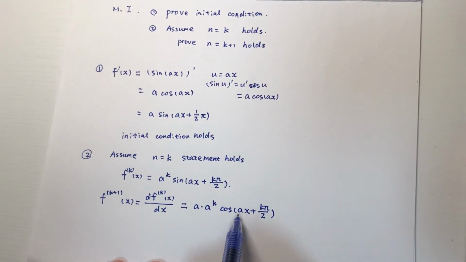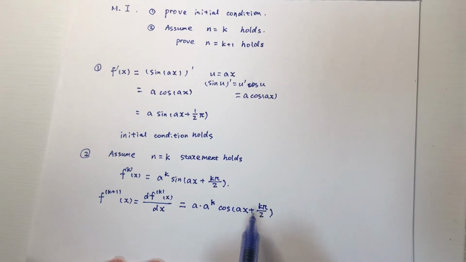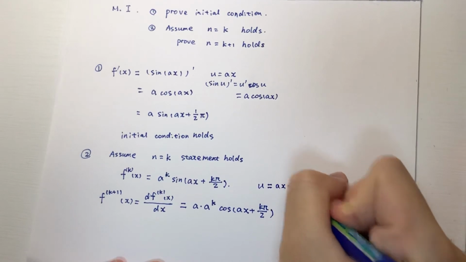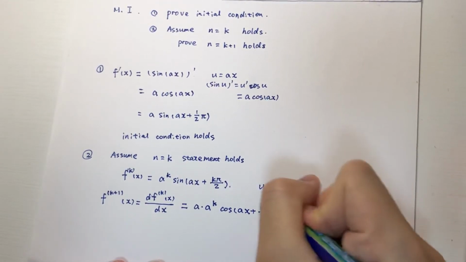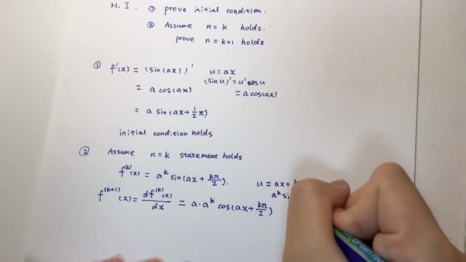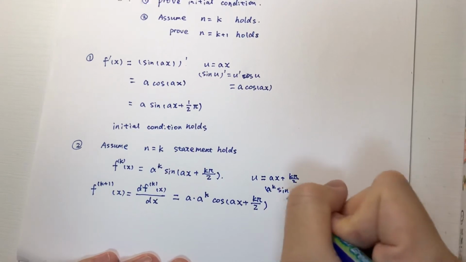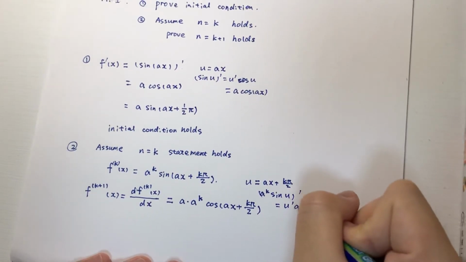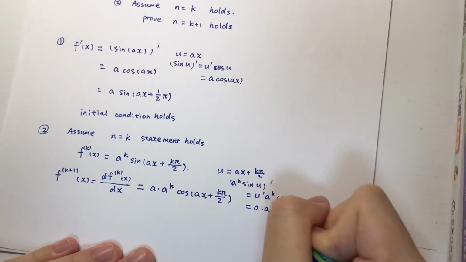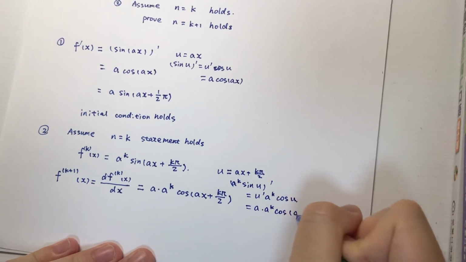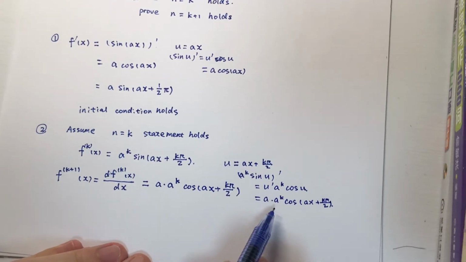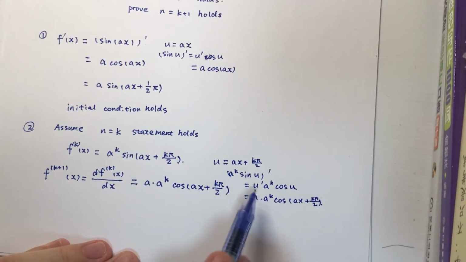So I just write it here, that u equals ax + kπ/2. So a^k sin u, its derivative equals u' a^k cos u, equals a times a^k cos(ax + kπ/2). So still a step of the chain rule, and you need to know the chain rule very clearly.